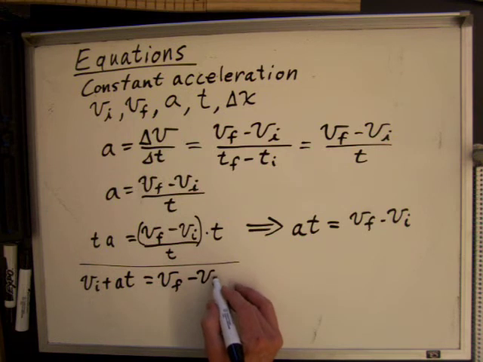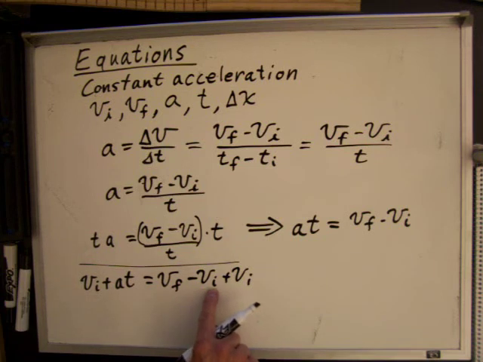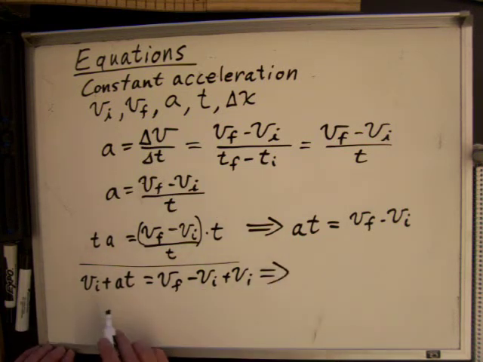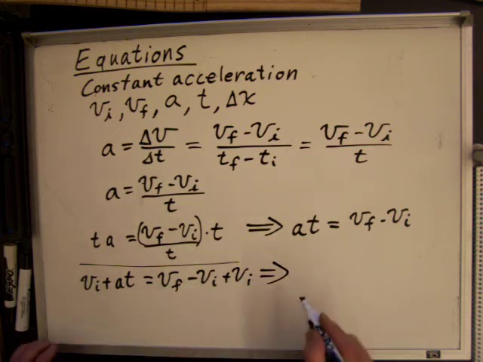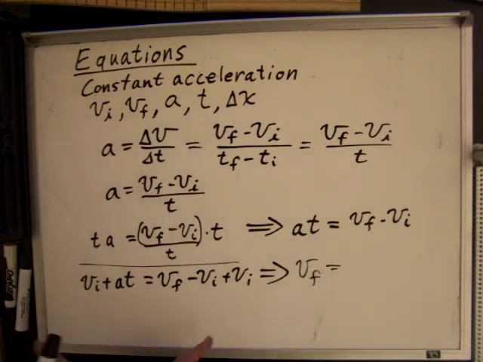minus VI plus VI. So I added VI to both sides of the equation. The minus VI and plus VI cancel out. And so now I can ignore those and I have an equation for VF. So I'm going to put VF on the left-hand side. I can always flip the equation, make the equation backwards if I want.